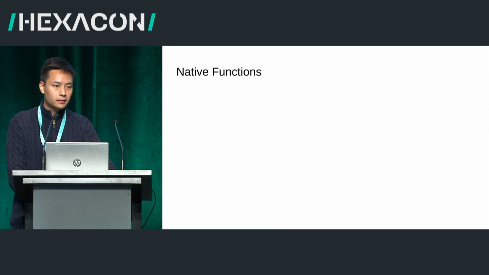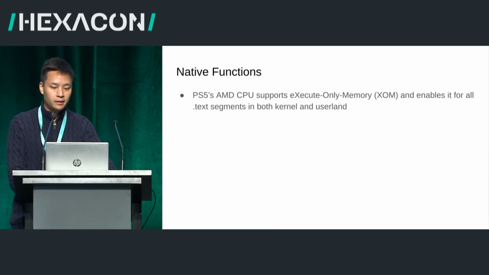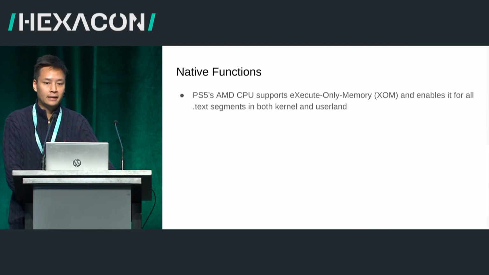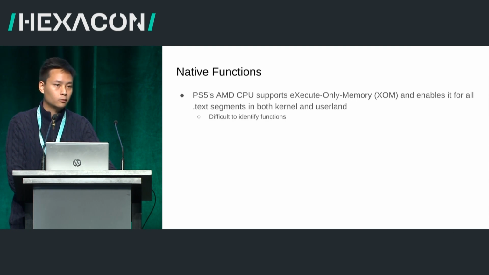As mentioned at the beginning, the PS5's AMD CPUs newly support execute-only memory, which they enable in both kernel and userland. And with this mitigation, we are not able to read executable pages and, for example, identify functions based on opcodes. We can read the data segments, though, which is useful to infer addresses of certain functions, but that is quite cumbersome and only works for a few functions.